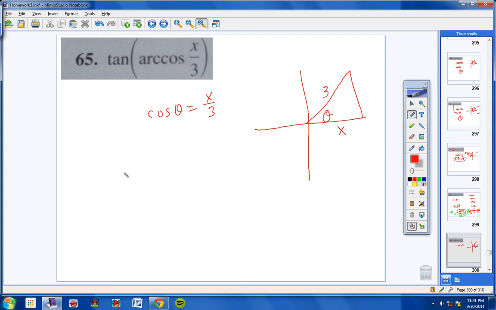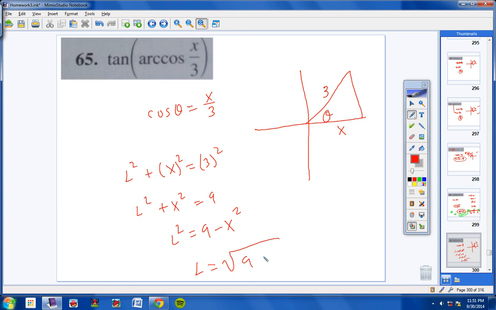Leg squared plus my other leg squared equals my hypotenuse squared. So leg squared plus x squared equals 9. Bring the x squared over and make it negative. L squared equals 9 minus x squared. Take the square root of both sides, and L equals the square root of 9 minus x squared.